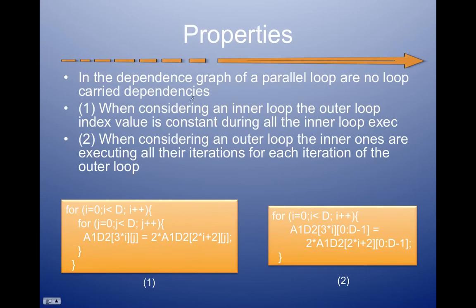So the property of parallel loops is that there are no loop carried dependencies in a parallel loop. And the way we can reason on inner and outer loops: if I consider an inner loop, I will consider that the value of i equals a constant, whatever it is between 0 and d, and I will just compute the dependencies considering j.